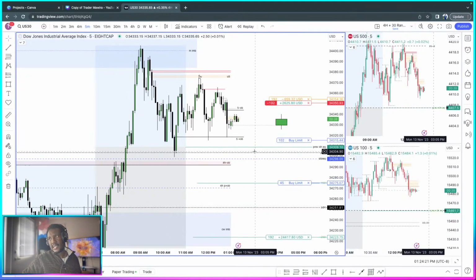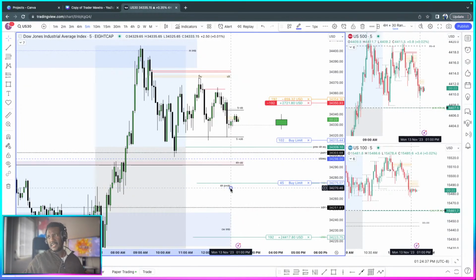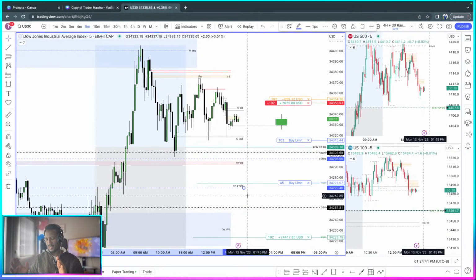This is the previous week high. This is a CB, which is our daily fair value gap, half point. Right there, we do have a 4-hour order block, and this is the top wick of that 4-hour order block, and that's the open price of that 4-hour candle, and this is the half of that 4-hour candle, which is on top of another 4-hour, so it's demand on top of demand, right?